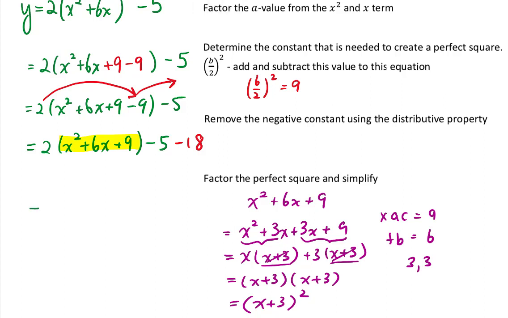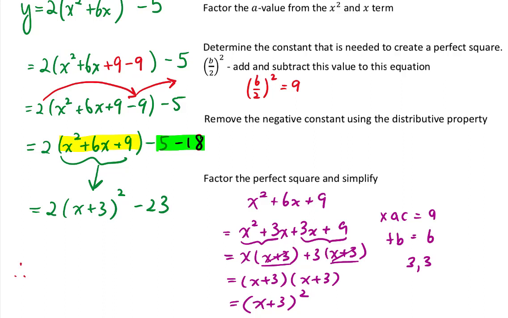So now we have 2(x plus 3) squared, that is what this equals when you factor, and then minus 5 and minus 18 gives me minus 23. So we factored the perfect square, and we simplified by collecting the like terms.